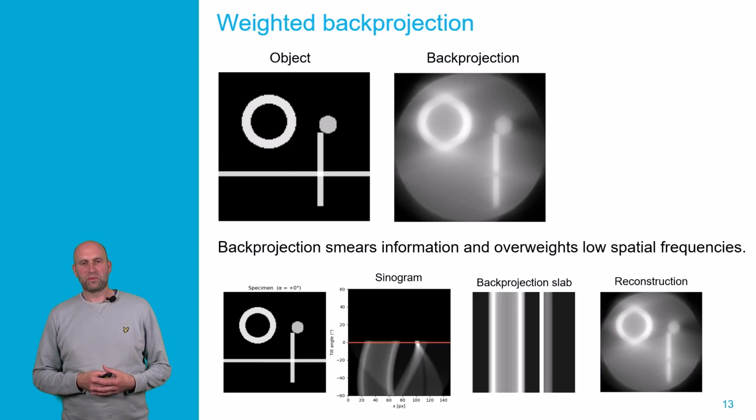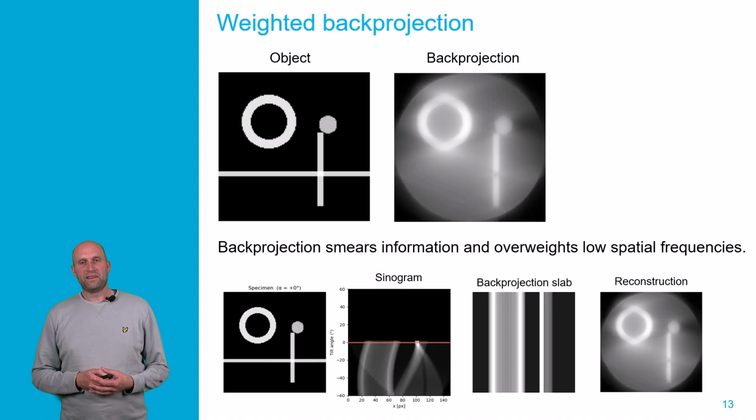So if we look at a single back projection here, for example, of the specimen at a tilt angle of 0 degrees, which is a certain slice through a sinogram, then you can see that all the projected intensity at that slice is now back projected over the entire image plane. So if we would be reconstructing a single point in real space, we would be back projecting a line in our back projection slab. And we do that for all the different orientations that we have sampled, and that eventually leads to an increase of low frequency information in our reconstructed density.